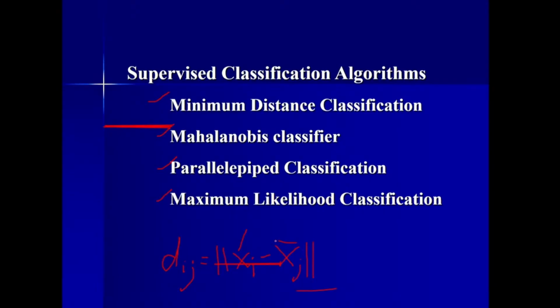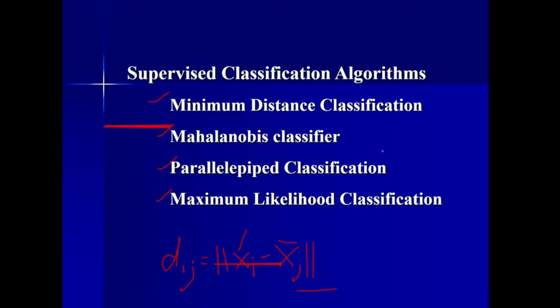Once you check the distance for all the classes for pixel 1, you find out for which class the distance is minimum, and that first pixel will be labeled to that class. Every time you check for which class the distance is minimum and label that pixel accordingly. Again, it works on the minimum distance criterion.